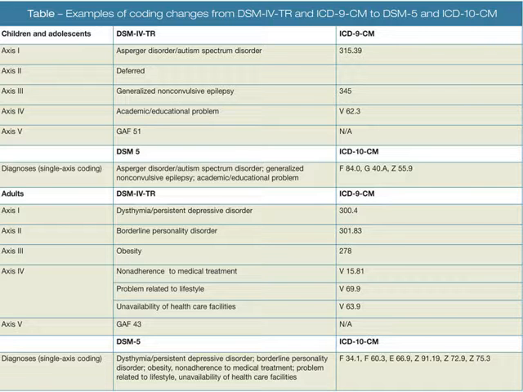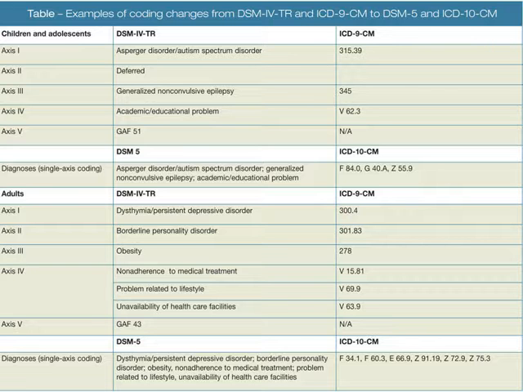Axis 2, which is personality and intellectual disability. Remember, there's no 5 axes in the DSM-5, but in DSM-4, Axis 2 is basically non-clinical issues such as personality disorders and intellectual disability that can't be really treated or remediated, as I mentioned. It says deferred here, meaning we do not know whether a person has a personality disorder or intellectual disability.